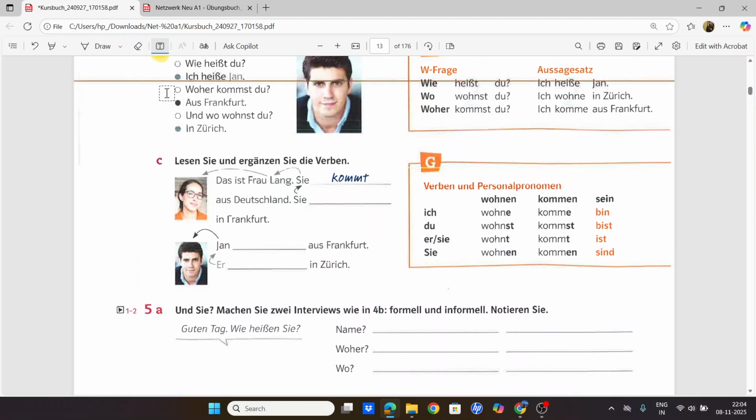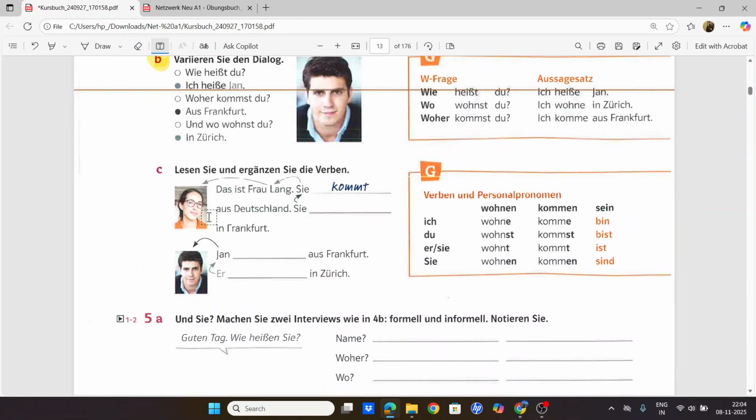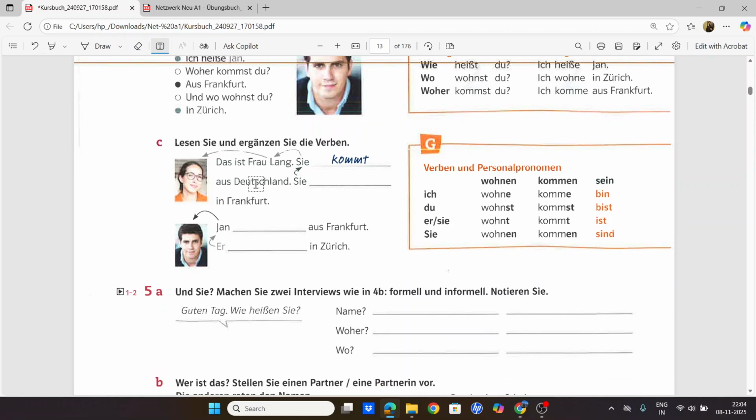So it's a lesson, right? Remember what I told you about lesson. Lesson means reading the text. Ergänzen Sie die Verben. So what do you mean by ergänzen Sie? The right pronunciation is E-R-G-umlaut-A-N-Z-E-N. Let me pronounce it again.